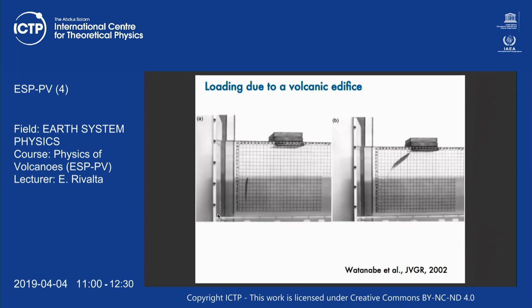This is the first example of a gelatin experiment that I'm showing to you. It's by this person, Watanabe, a Japanese colleague, and the block here is gelatin. Here you have an injection of fluid into the gelatin, and you create this crack.